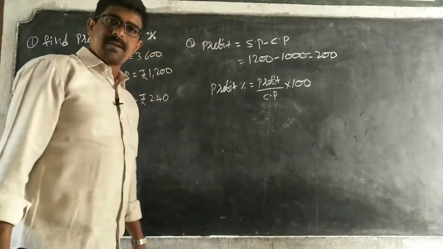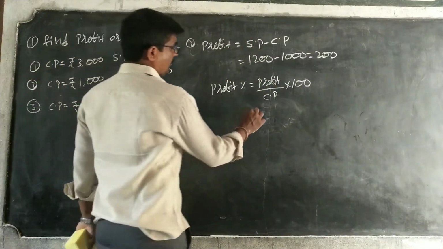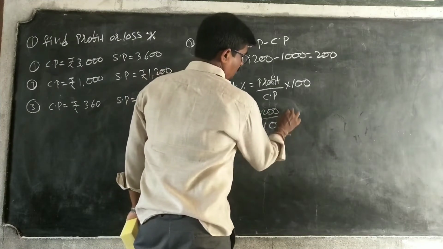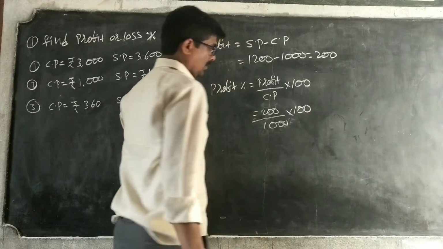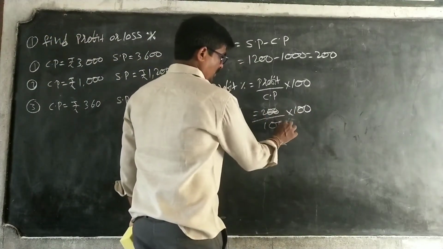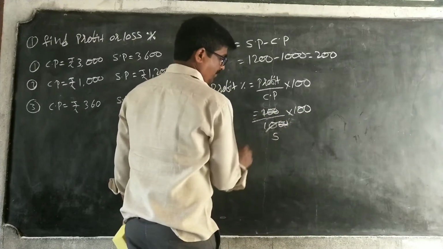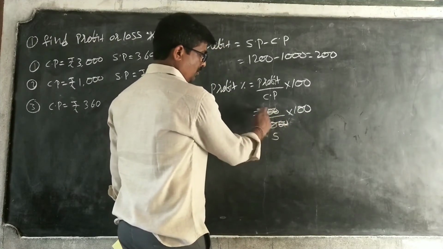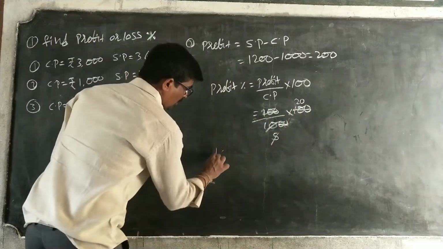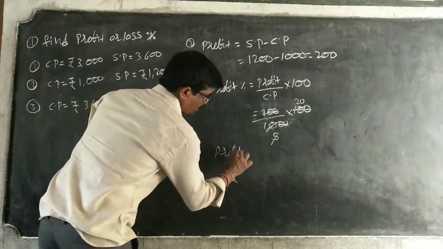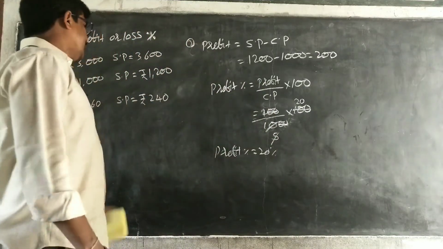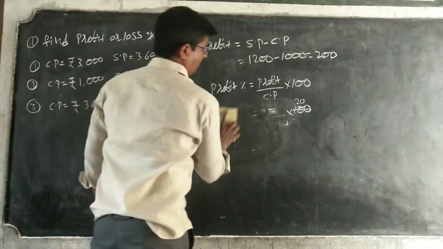Profit is 200 rupees, cost price is 1000, into 100. Cancelling zeros, same here also, profit percentage is 20%. Okay? Next, third problem.